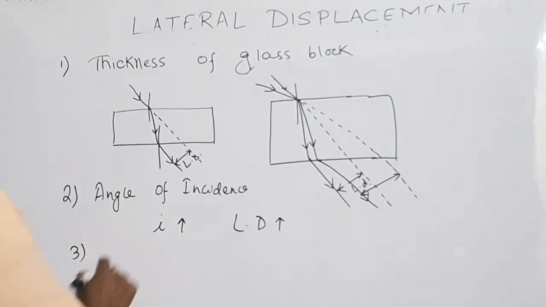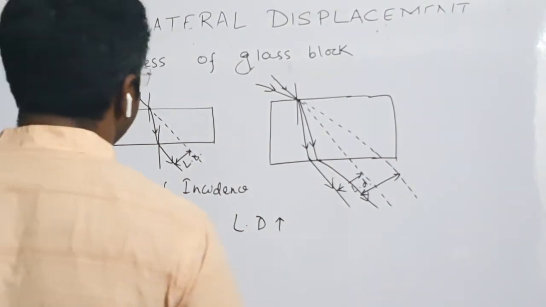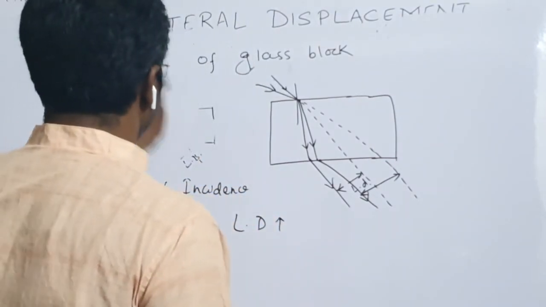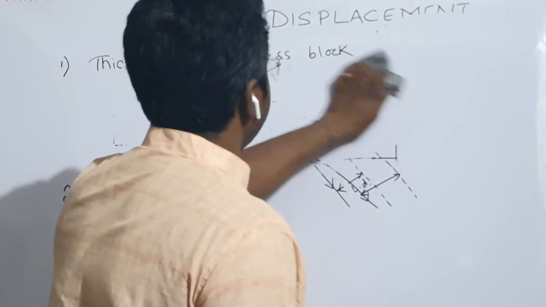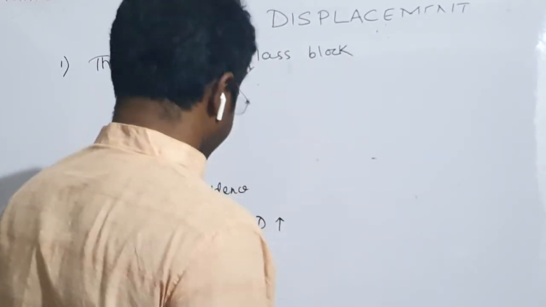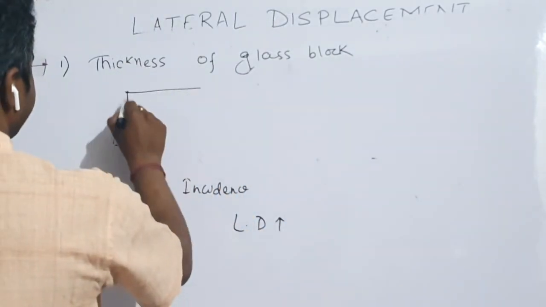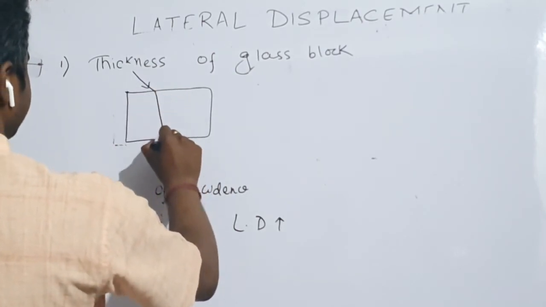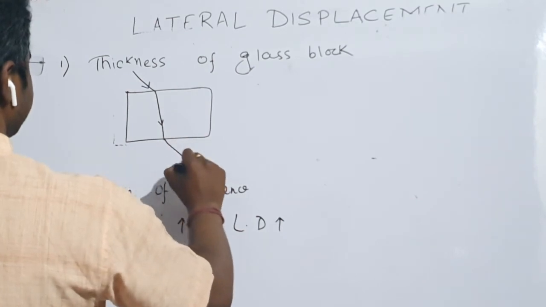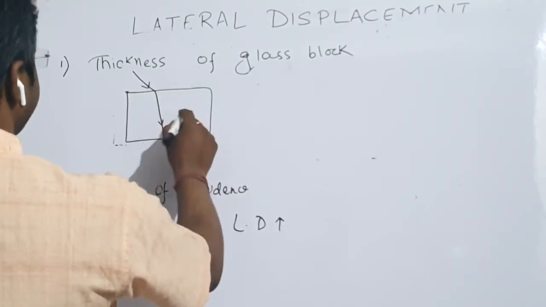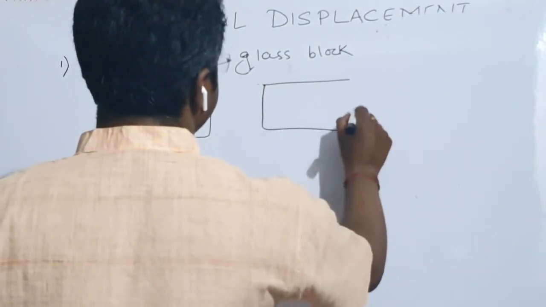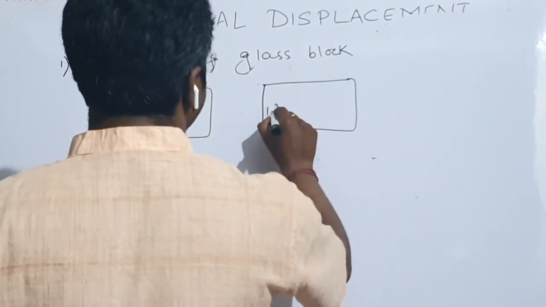Third point is refractive index, that is mu. See, as mu increases, what will happen? I will take the same diagram, hope you have drawn it. So let's just have two glass slabs with different refractive index. This one, first this falls like this and it goes like this. Suppose this is having a refractive index of say 1.5. Now let us take another glass of same dimension, refractive index of 1.2.